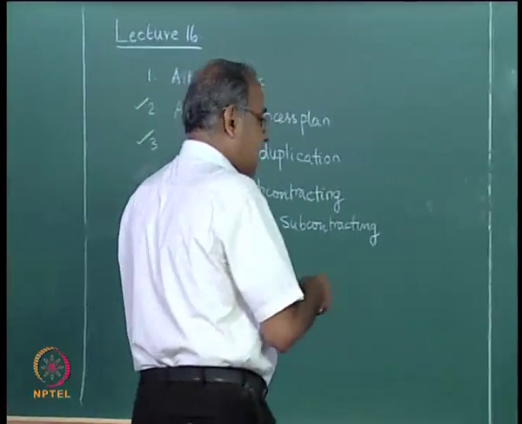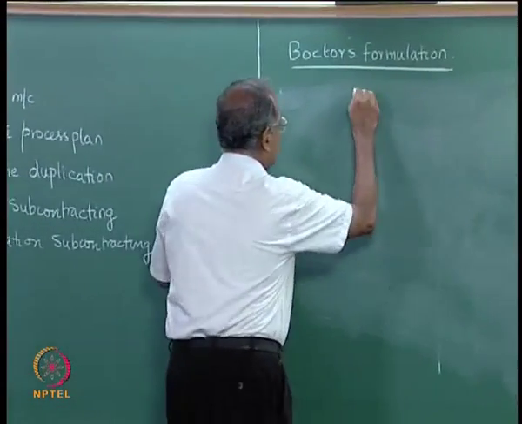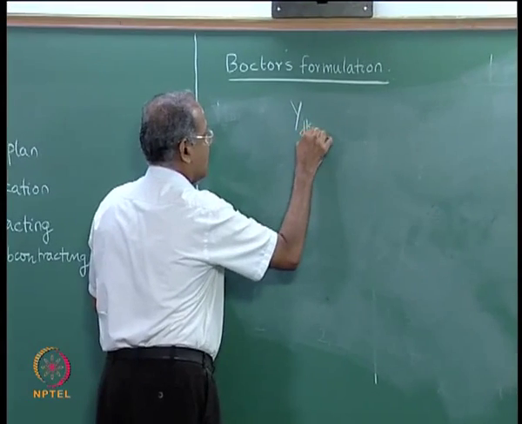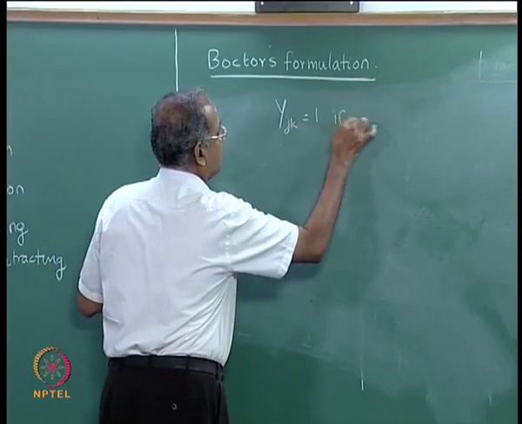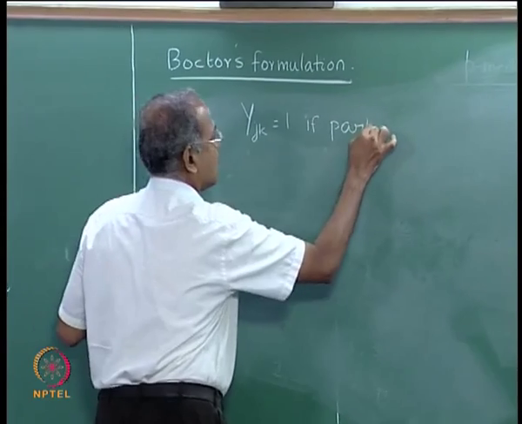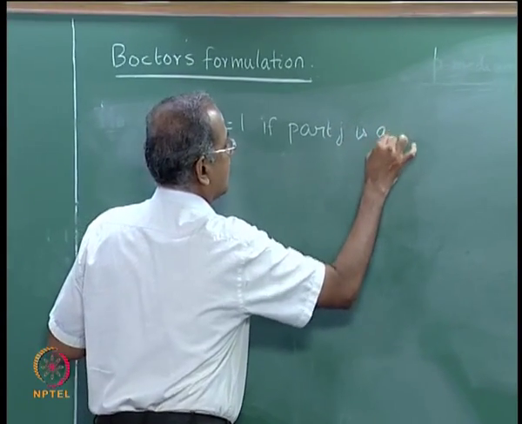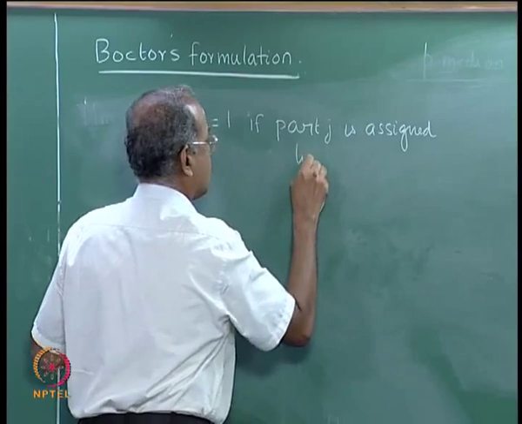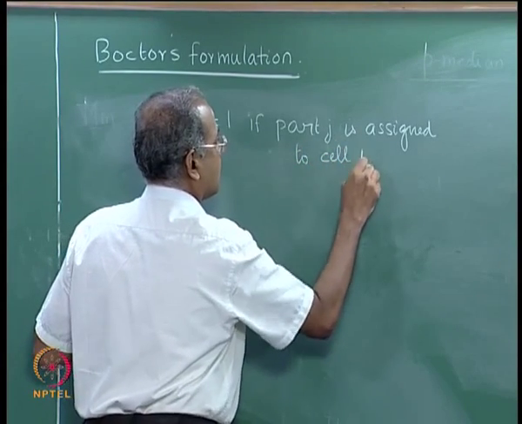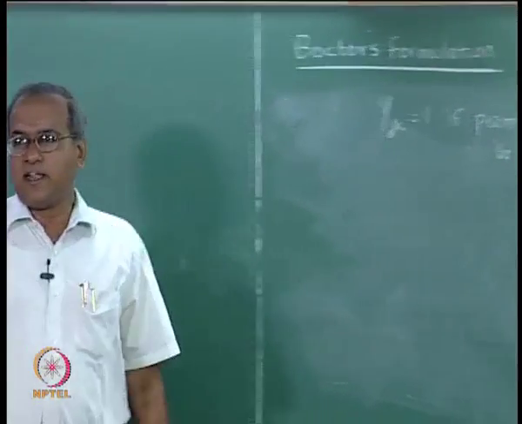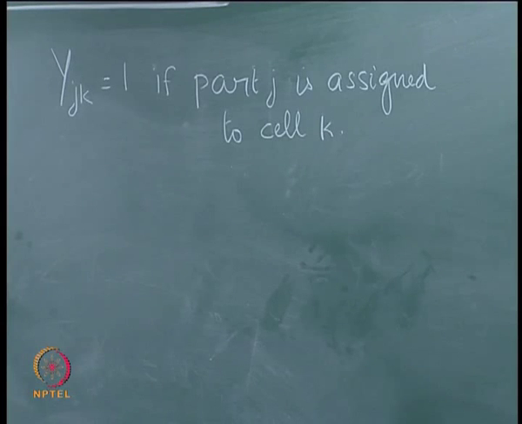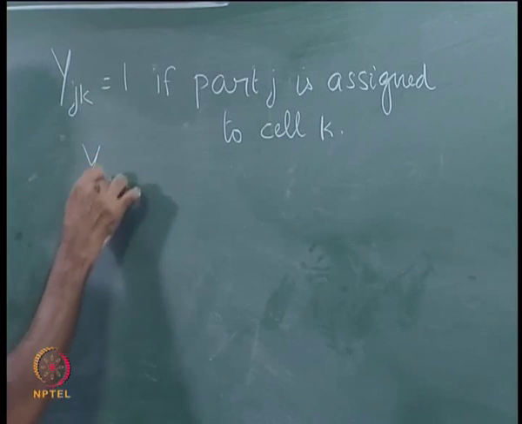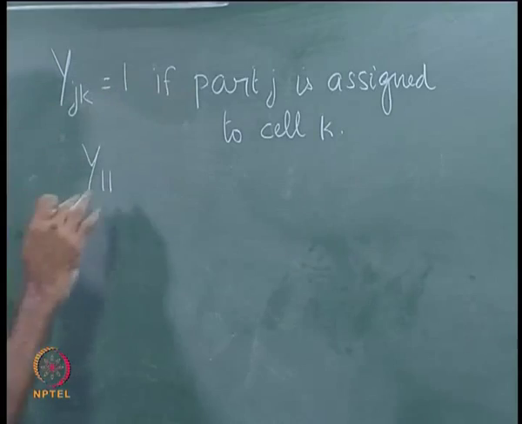So, now in the earlier case we will have y_jk equal to 1 if part j is assigned to cell k. And if there are 2 cells, we would have a constraint, let us say part number 6.